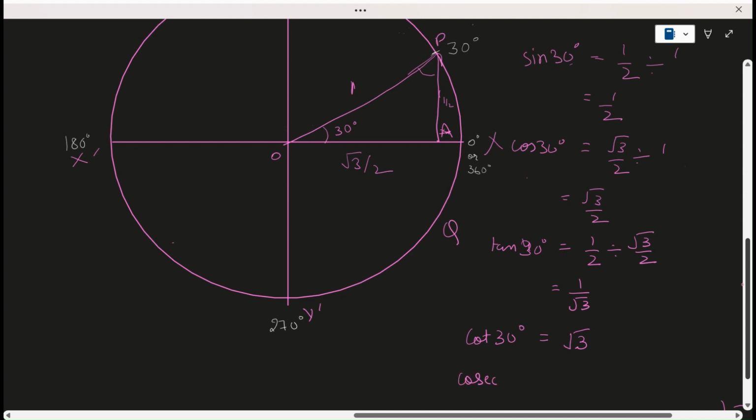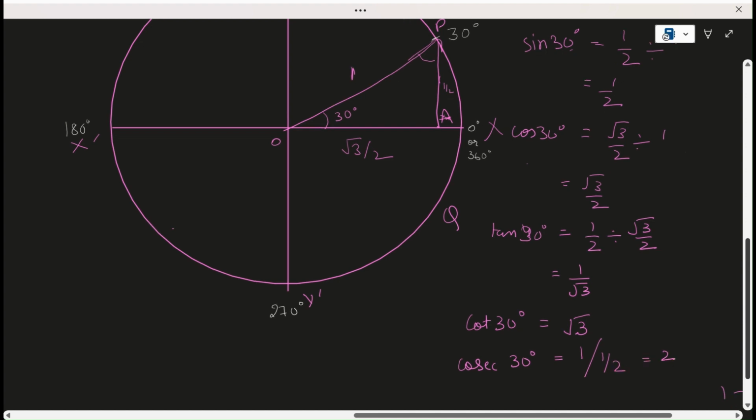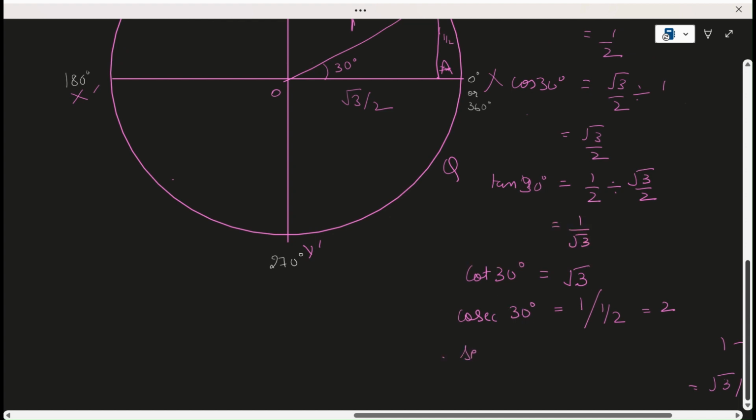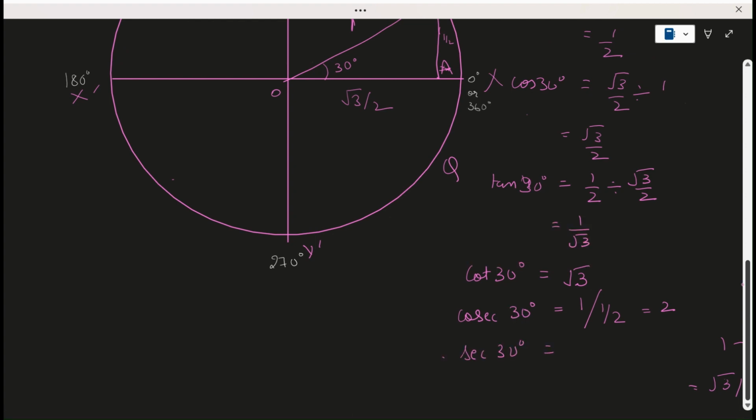Then we have cosecant 30 degree, that is hypotenuse over perpendicular, or 1 upon sine 30 degree, that will be simply 2. And the value for secant 30 degree will be 1 upon cos, or hypotenuse over base, and that will be 2 by root 3.